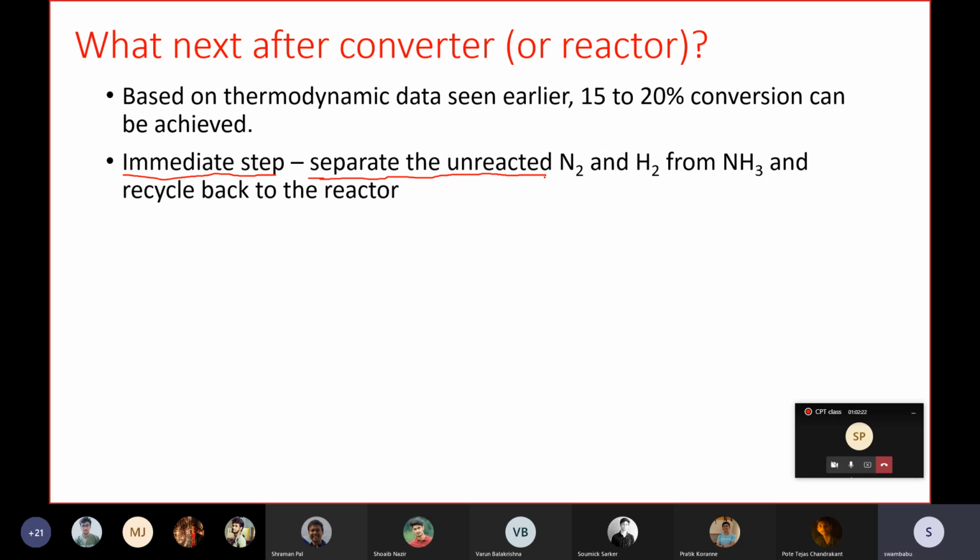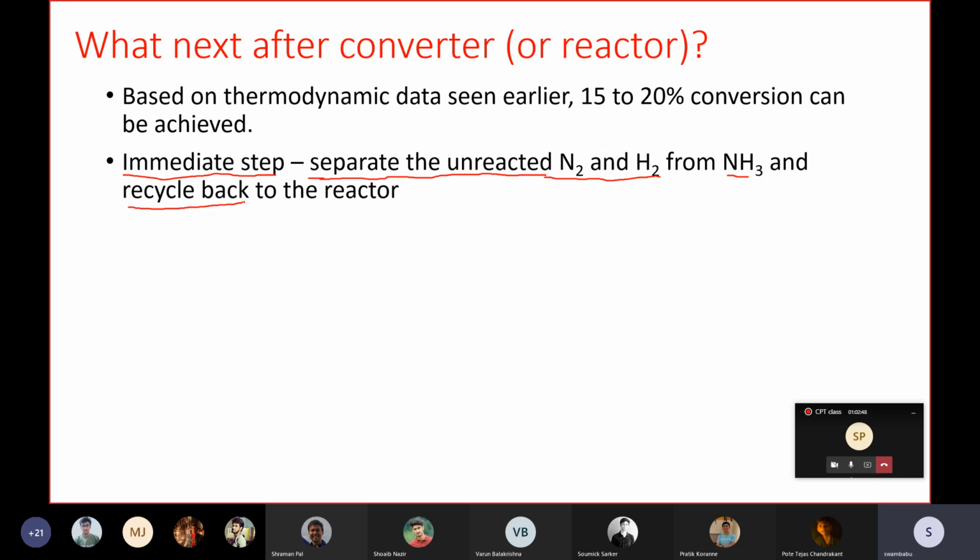In this case, the unreacted reactants are nitrogen and hydrogen. These two unreacted reactants need to be separated from the ammonia product and recycled back.